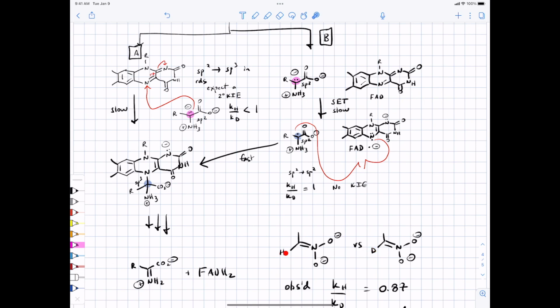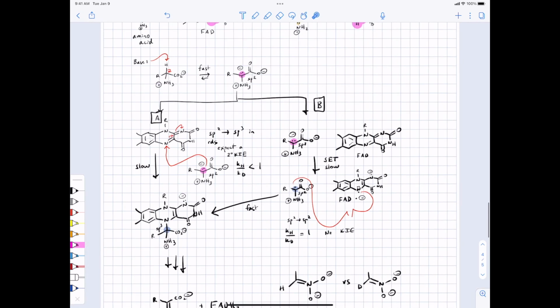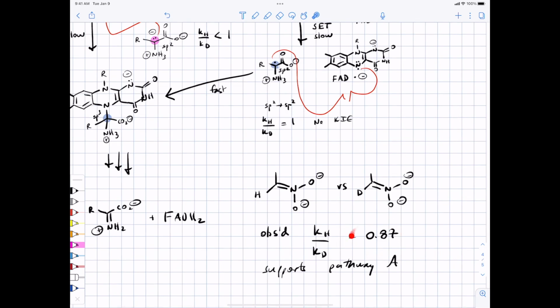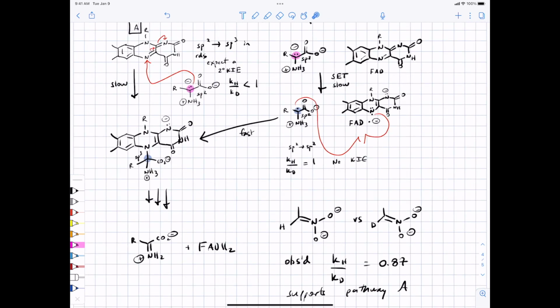You can sort of see how this structure resembles an enolate of a carboxylic acid. Hydrogen versus deuterium, they saw an inverse kinetic isotope effect, and that supports mechanism A, where you have the hybridization change in the rate determining step from sp2 to sp3.